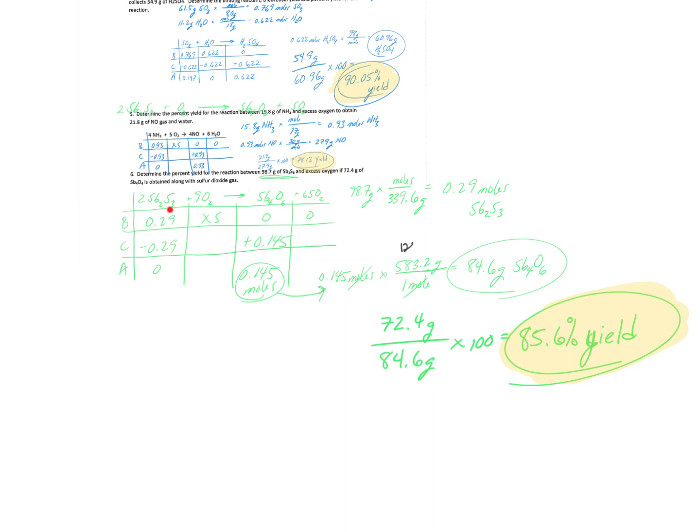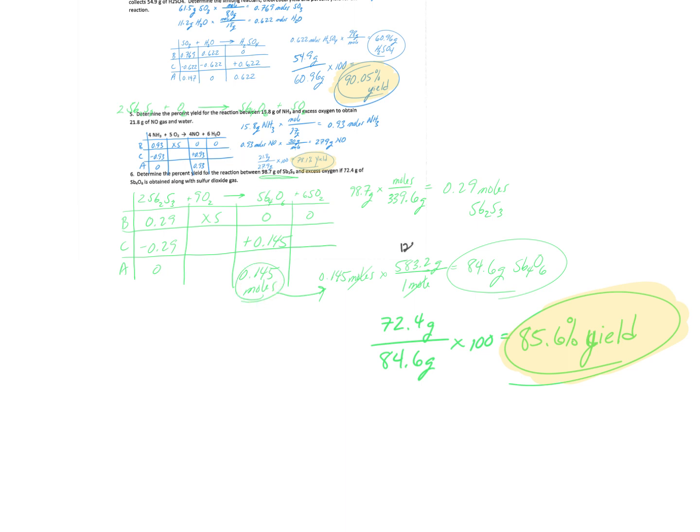So for every 2 of the antimony sulfide, we will make 1 antimony oxide. Great. Okay, so we're going to take half of this number, which is this number. Okay, we're going to make 0.145 moles of the antimony oxide.